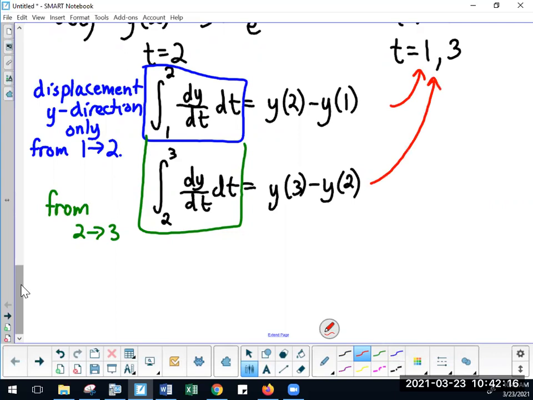I'm interested in y at 1, which is the same thing as y at 3. That's what the question is asking for. It says, what is the y coordinate given that y at 2 is 3 plus 1 divided by e? That is the other reason why I used 2 in both cases, because I know this. I already know that this is the case.